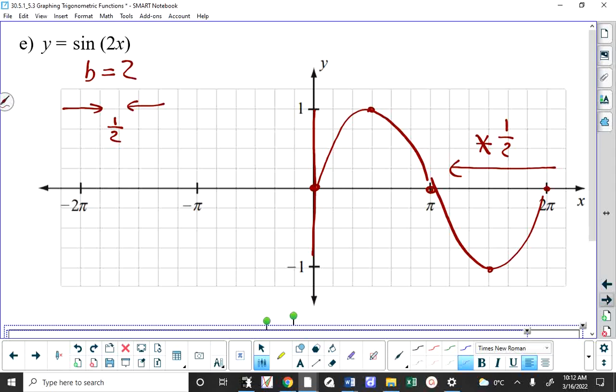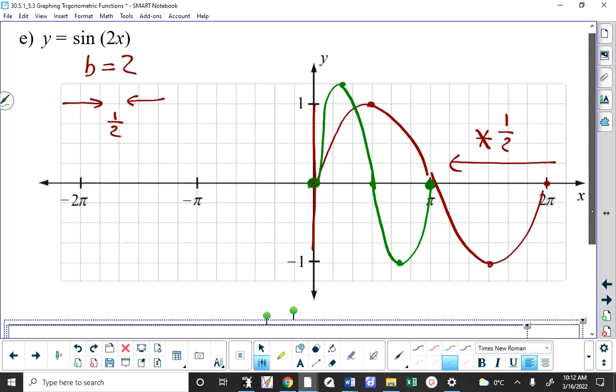Instead of going from this start point to this end point, the end point will now be here. So it is going to go up, down, down, up. This is what it would look like if you graphed it on your graphing calculator. I hope it's not a surprise. Oh, I went too high up there, didn't I?